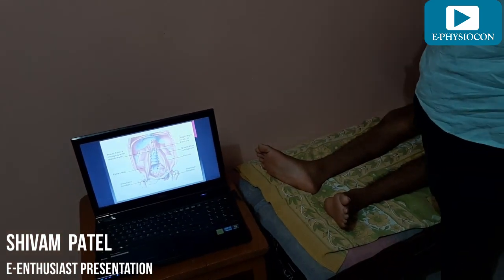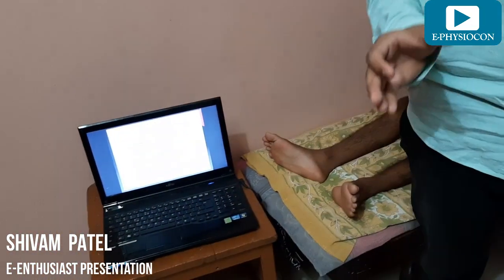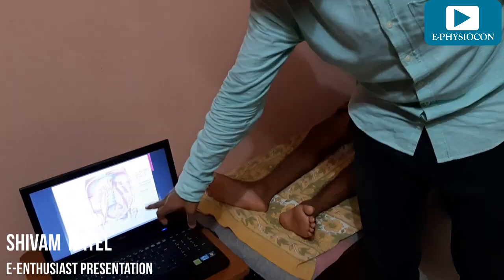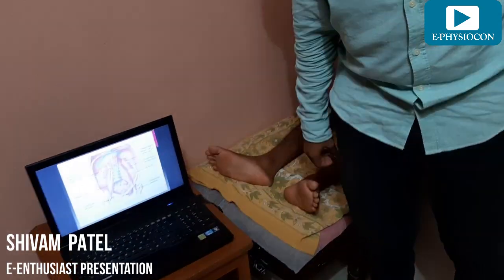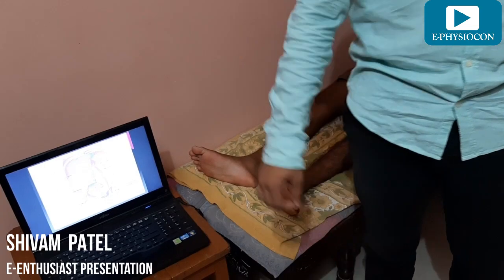Diaphragm dysfunction may cause back pain, because of overwork of the diaphragm and improper breathing. The diaphragm is overactive and the quadratus lumborum and psoas major are underactive.